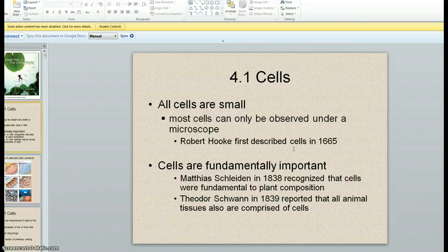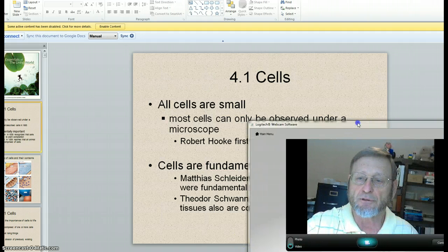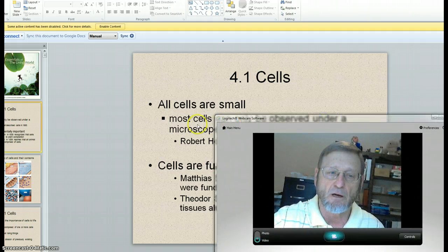And if you got a pretty good teacher, he can show you how to find the nucleolus, which is inside the nucleus. You can see cell membranes, and you can see the cell walls. But what I want to share with you is about the size of cells.